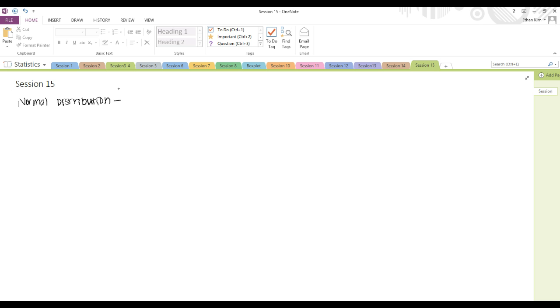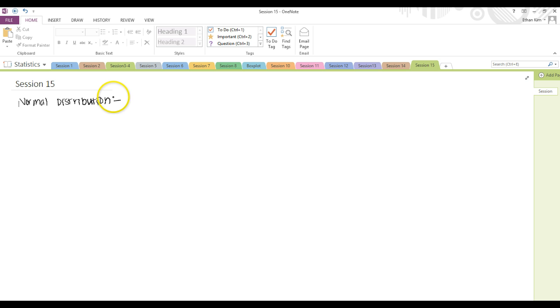We will discuss that later with the law of large numbers, but that's the case for any distribution. If you have large n, you will have a normal distribution. That's why it's so powerful.